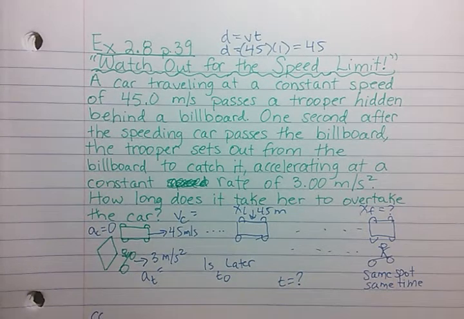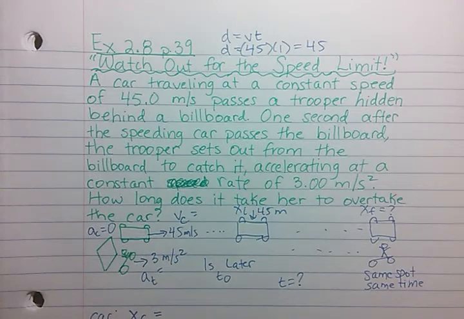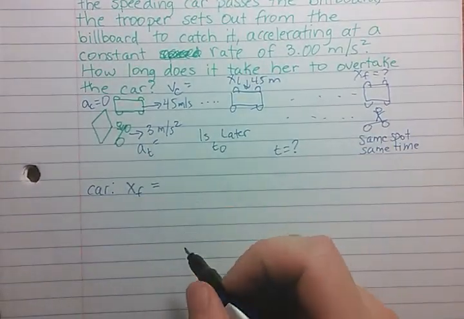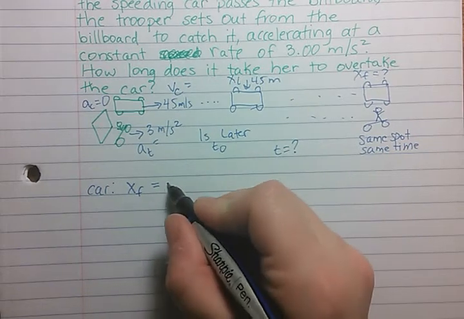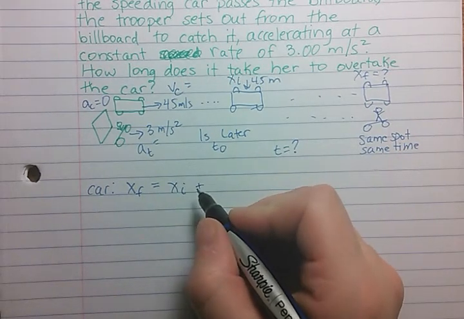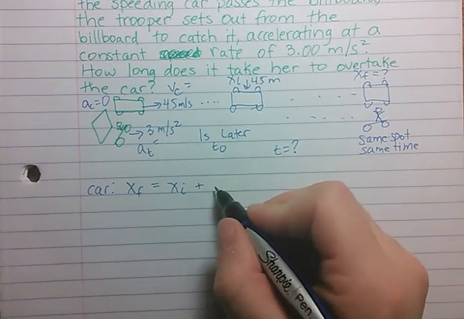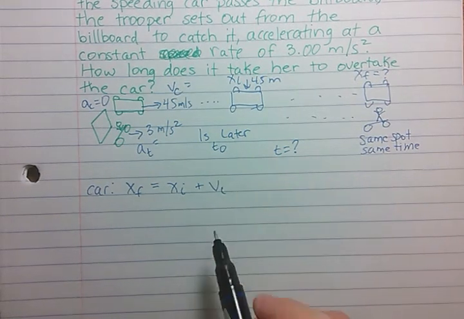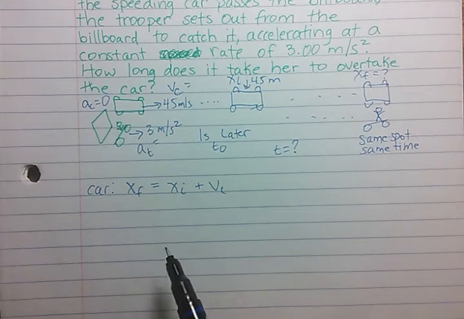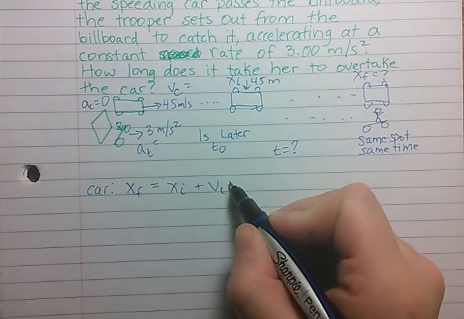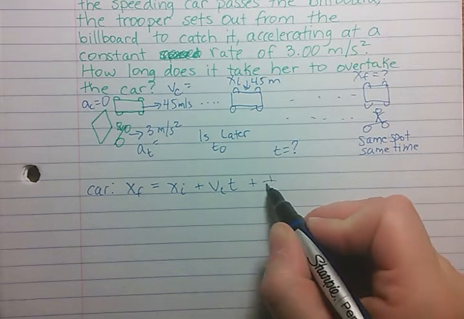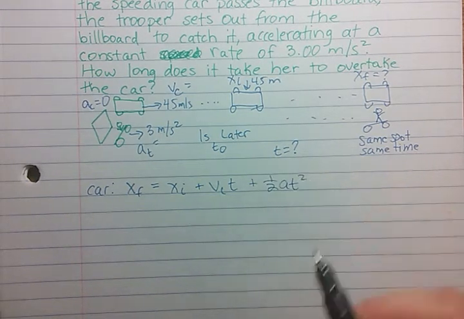So for the car, we have XF equals XI plus VC, that's just the speed of the car, the initial speed of the car, times t, plus 1/2 AT squared.